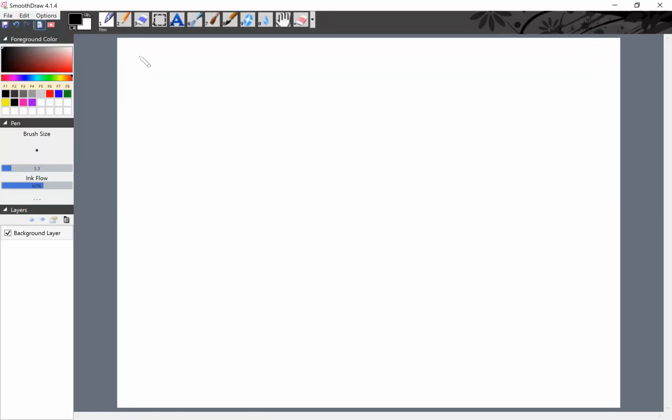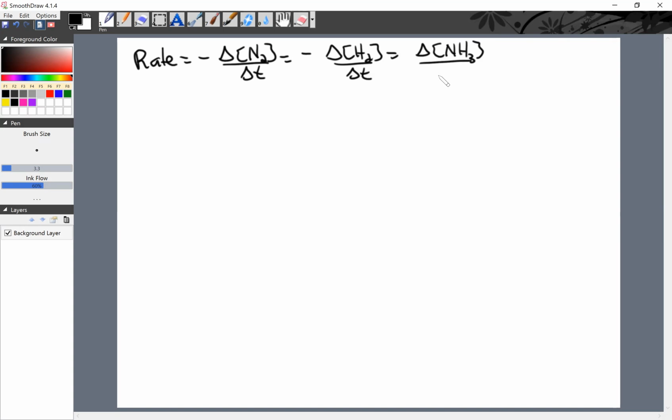All right, so here's my rate of reaction equation. There's just taking into account the reactants and the products, and we do know that it was N2 plus 3 H2s goes to 2 NH3s.